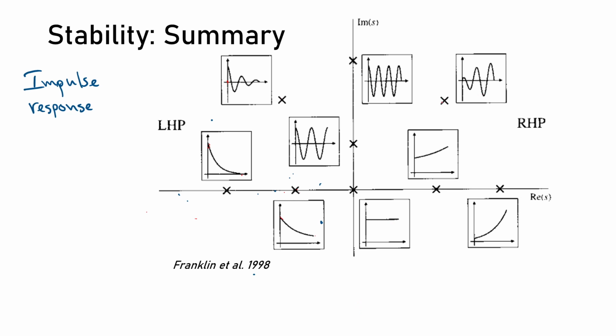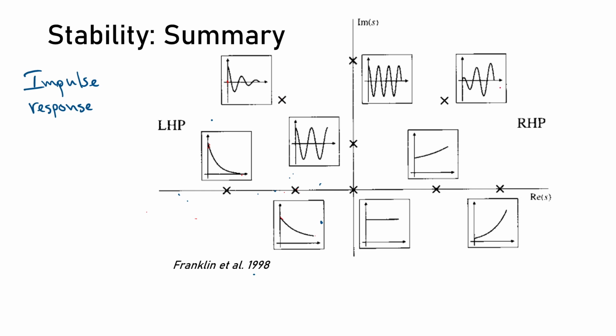And if your poles are on the right half plane, you can see that in some cases it might oscillate, but it grows bigger and bigger, right? Let's say you have a feedback system, but your designed controller is not correct. Your controller is not the right one.